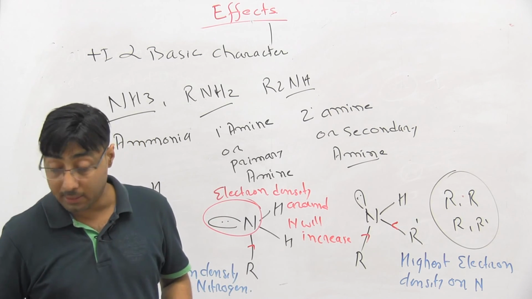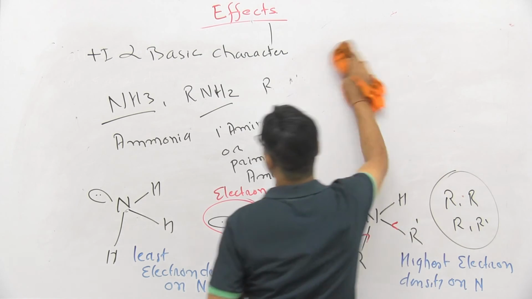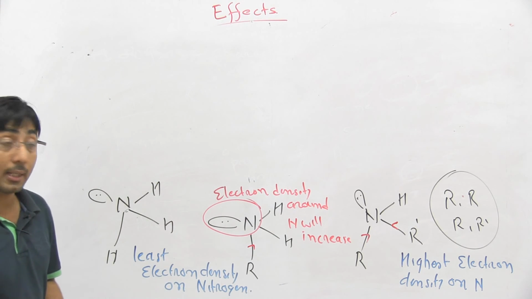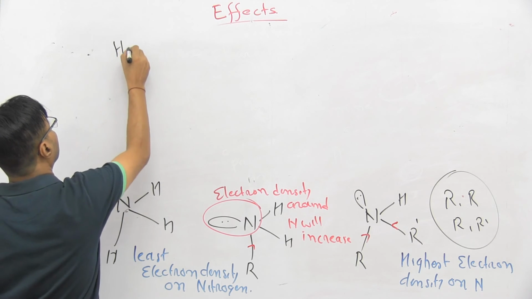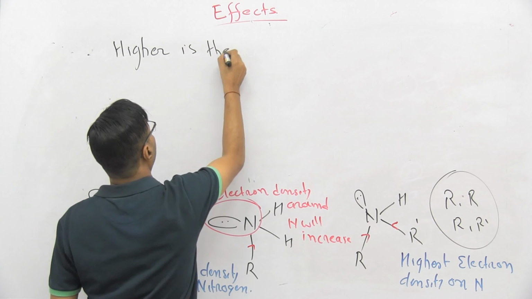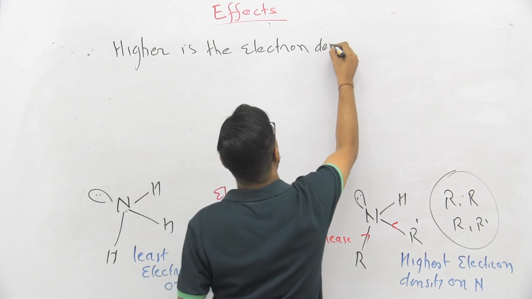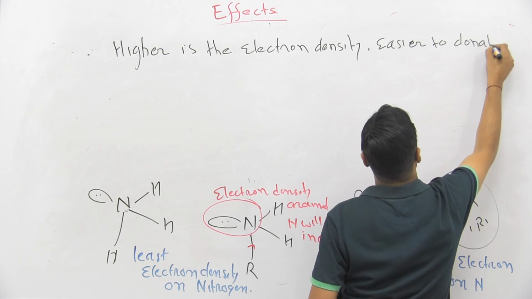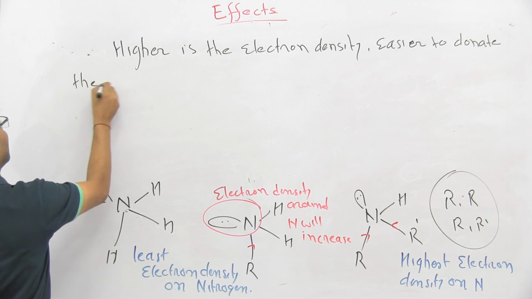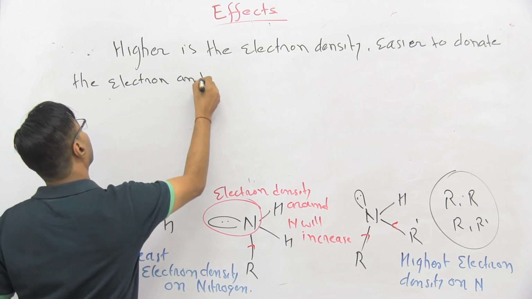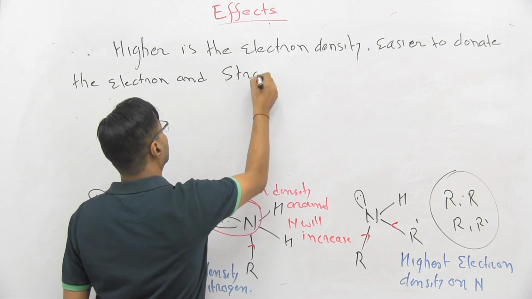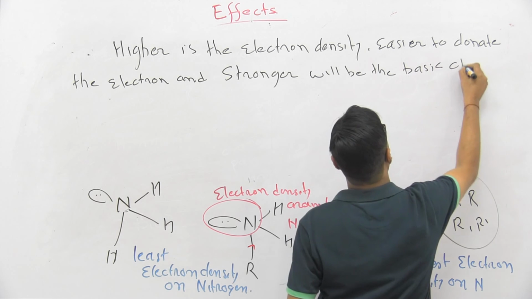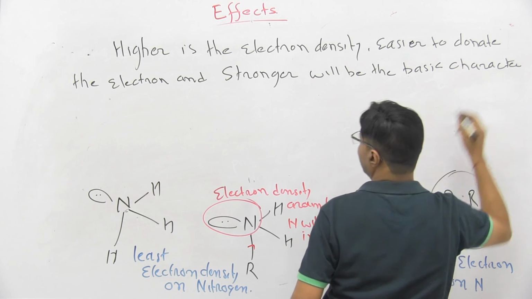And we know the higher the electron density, the easier it is to donate the electron, and the stronger the basic character.